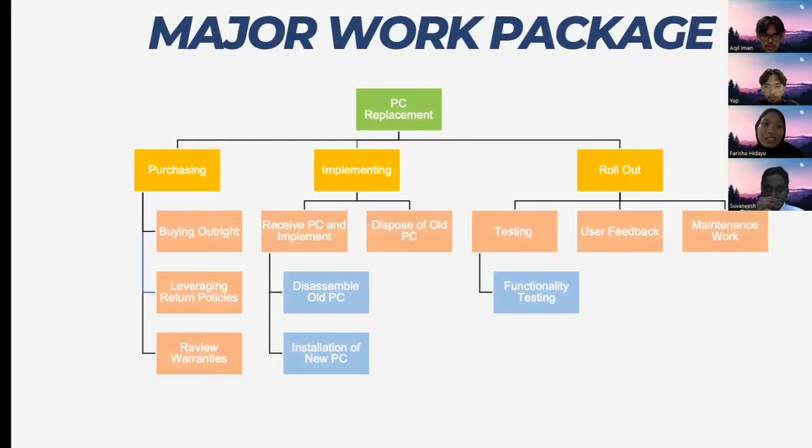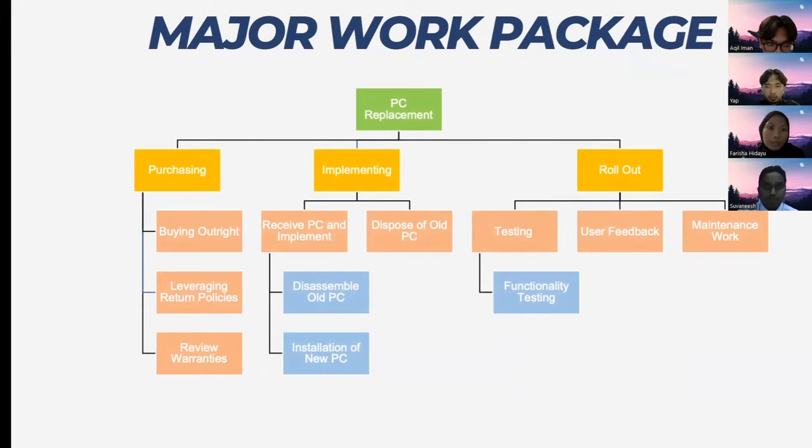So this is the major work package. Our main deliverable is PC replacement. We have 3 sub-deliverables, which are purchasing, implementing, and rollout. Under purchasing, there are 3 work packages, which are buying outright, leveraging written policies, and reviewing warranties. As for implementing, we have only 2 work packages, which are receive PC and implement, and dispose of old PC.